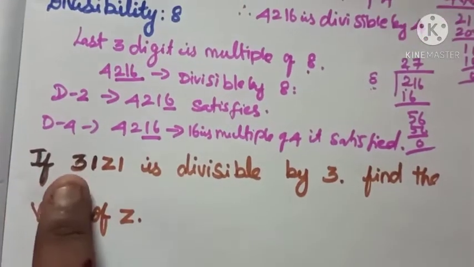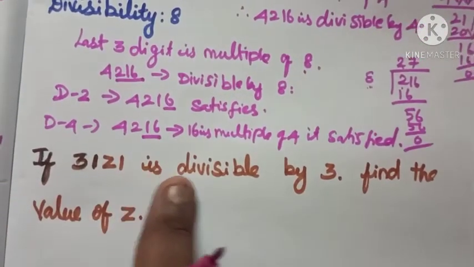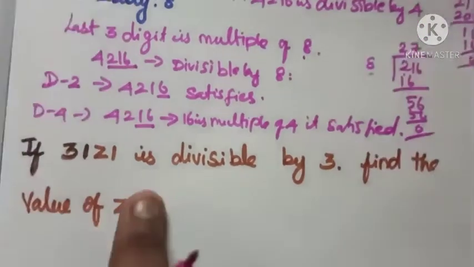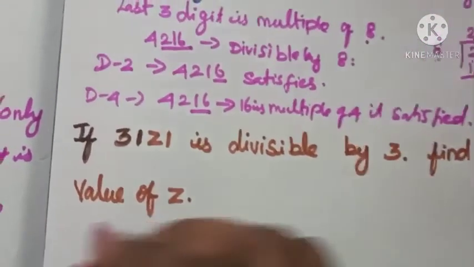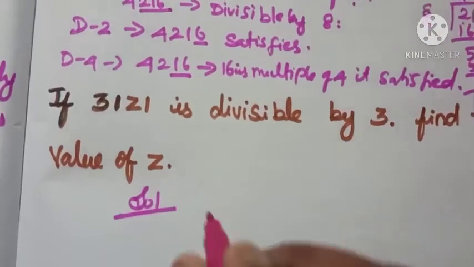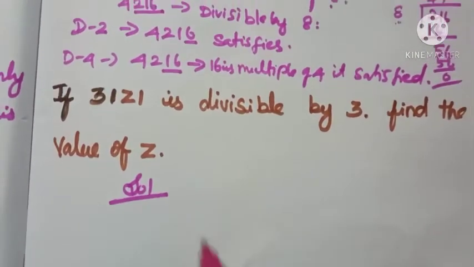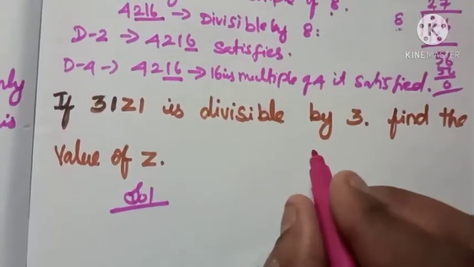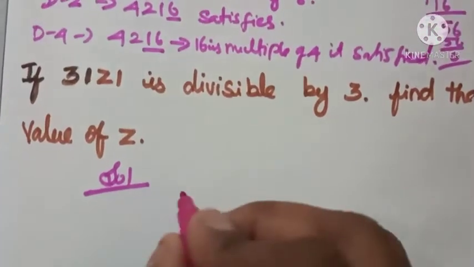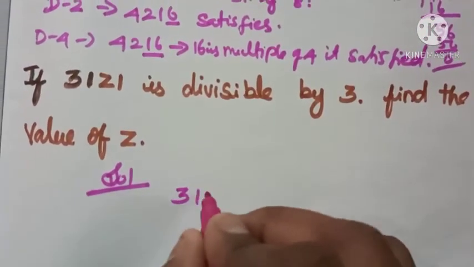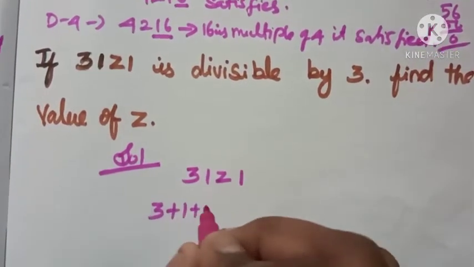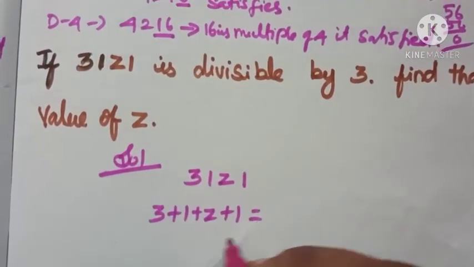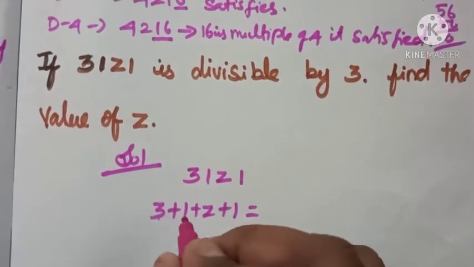If 3001Z1 is divisible by 3, find the value of Z. Directly, we move on to divisibility rule 3. In the solution, what is divisibility rule 3? The sum of the digits is divisible by 3. For example, 3001Z1: 3 plus 1 plus Z plus 1 is equal to 3 plus 1 is 4, 4 plus 1 is 5.